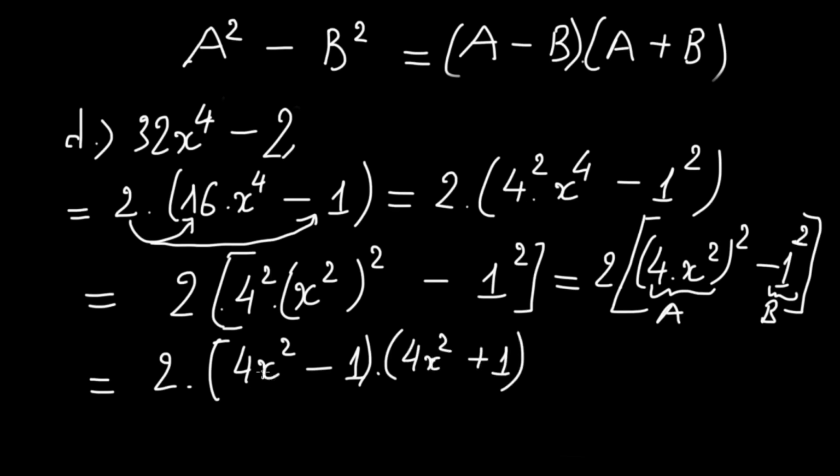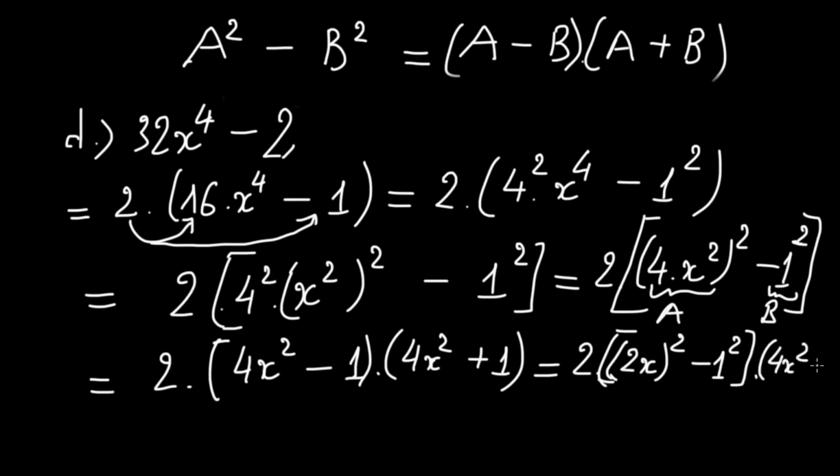You can see that we can even factor this further. 4x squared minus 1, right? We can rewrite 4x squared as 2x, all of it squared, so it's 2x squared minus 1 squared, times 4x squared plus 1, right?